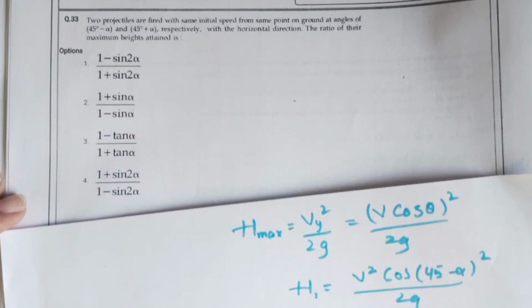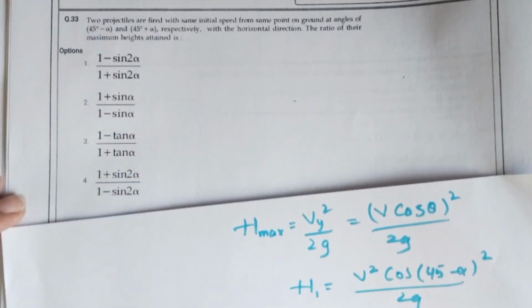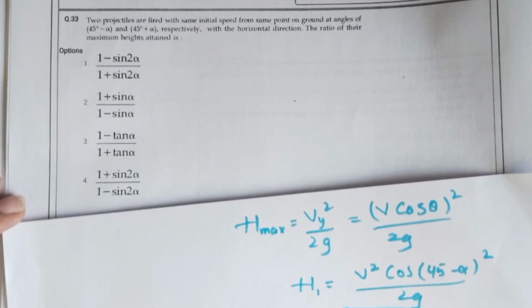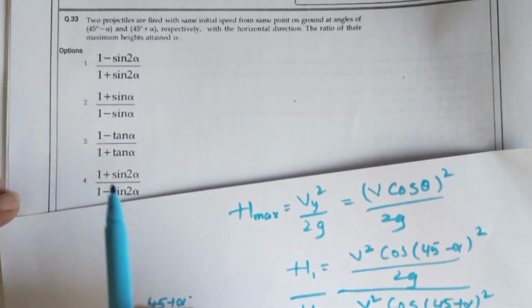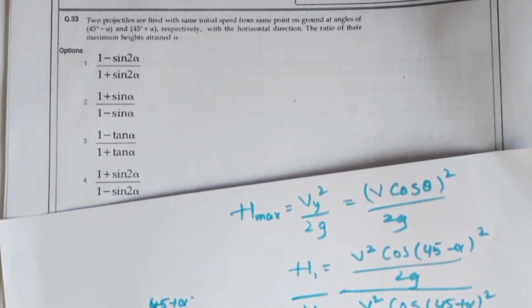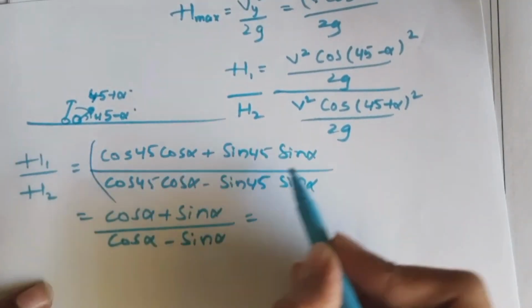But the options are in the form of sin 2 alpha and tan alpha. Sorry, I have forgotten to square.